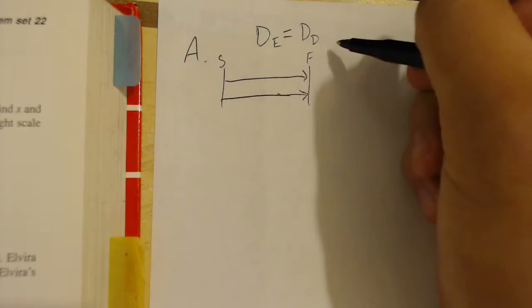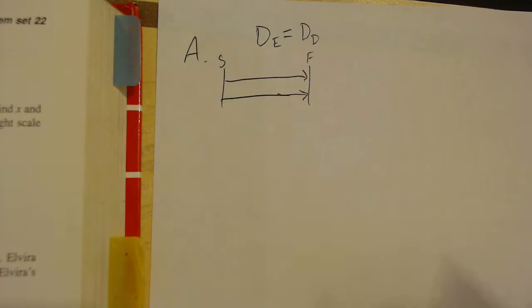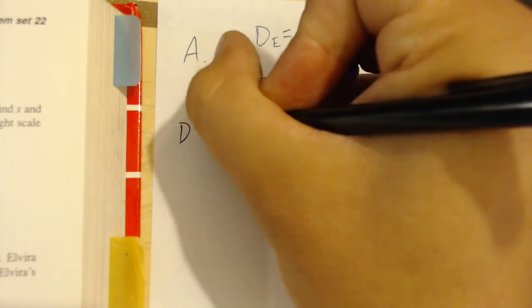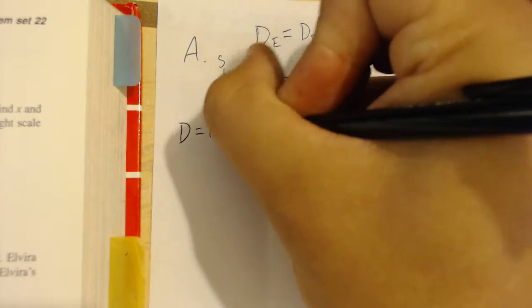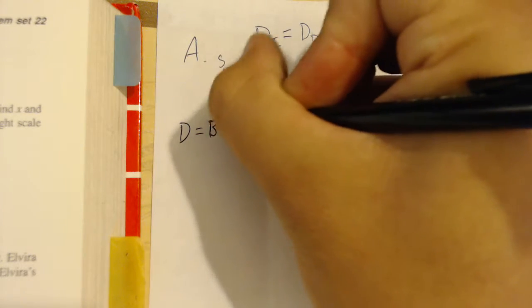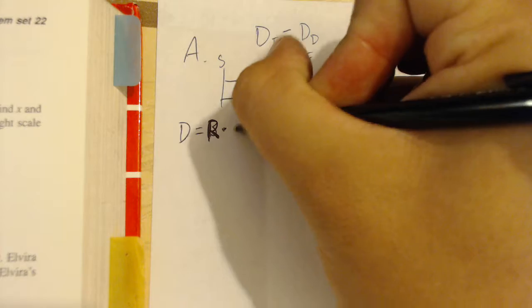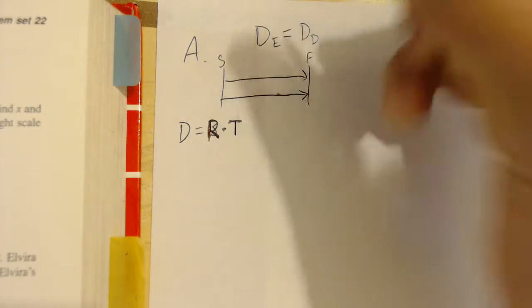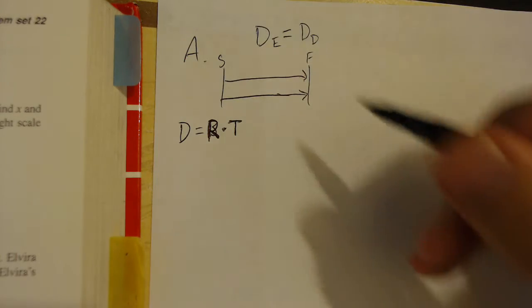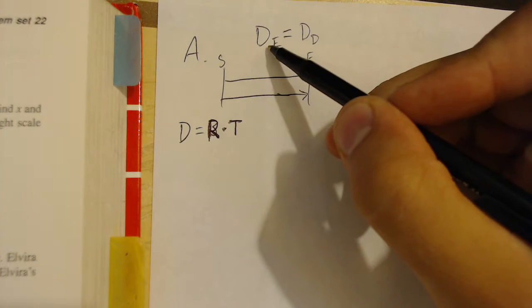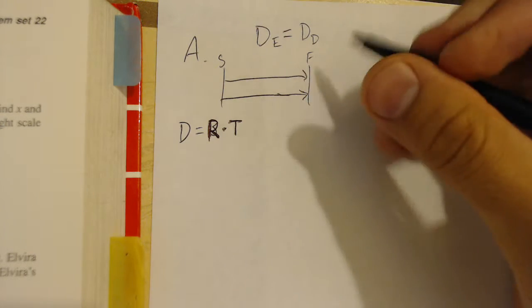Now this is going to be the basis for setting up our problem. The equation that you should memorize for these problems is the distance rate time problem, which is distance is equal to rate times time. So if distance is equal to rate times time, instead of writing the distance of E, I can substitute her distance for her rate and time.